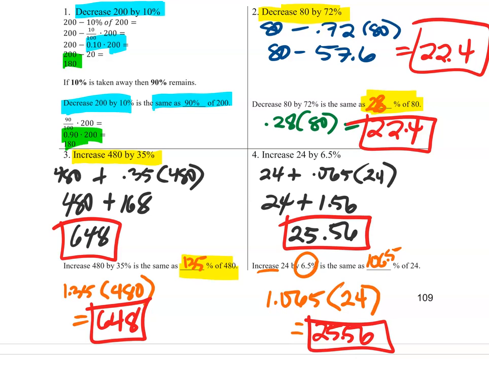Okay, so again, don't forget, increase 24 by 6.5% is the same thing as 106.5% of 24.